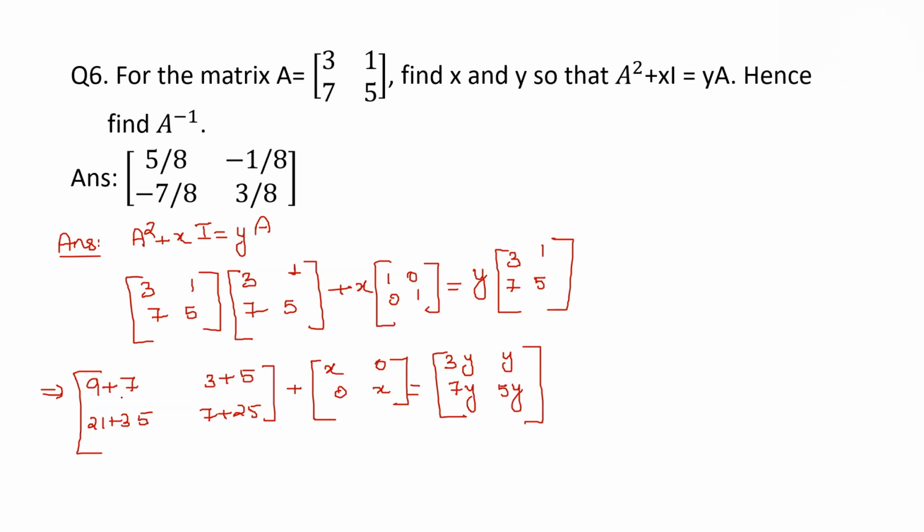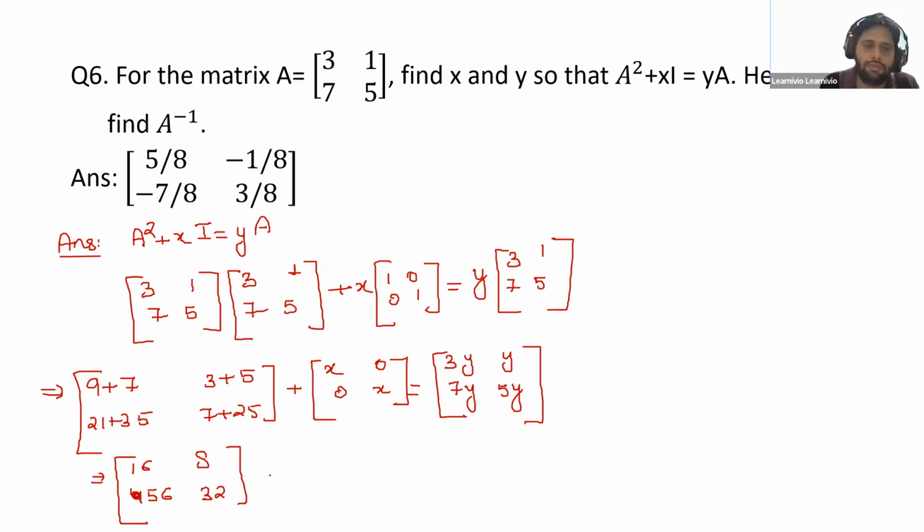Just add these two, then finally add this with x. So we will get here 9 plus 7, which is 16. This is 8. Here we have 56. We are getting two values for x, then we will check. So please wait.